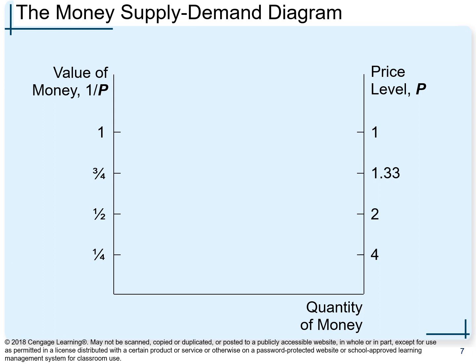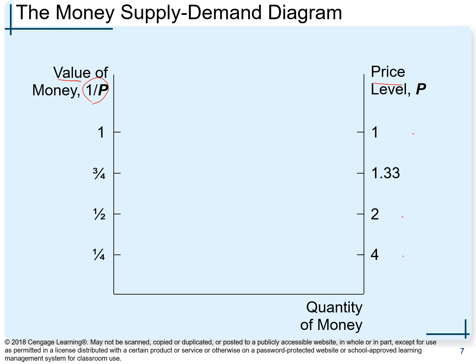This diagram is from your textbook. It shows the negative, reciprocal relationship between the value of money and price level. Value of money is 1 over P, the reciprocal of price, right? So when the price level goes up from 1 to 2, 2 to 4, the value of money goes down from 1 to a quarter.